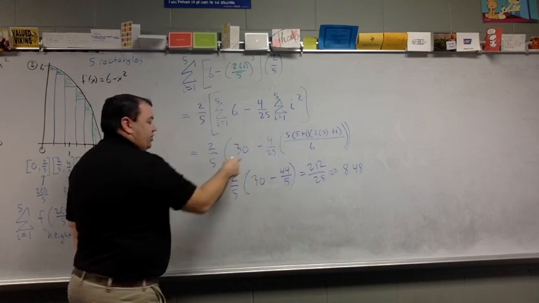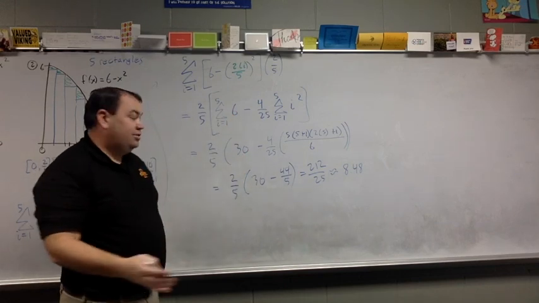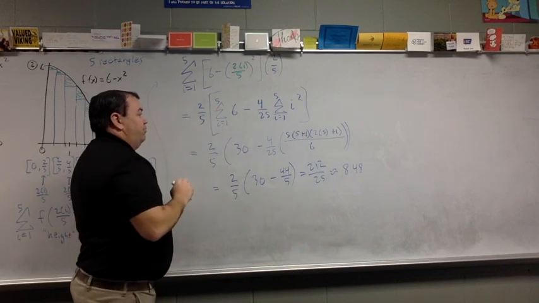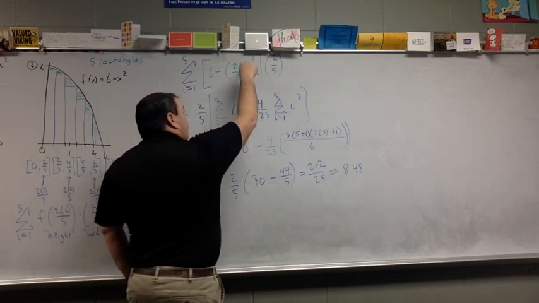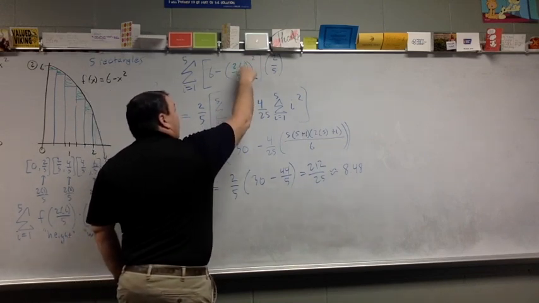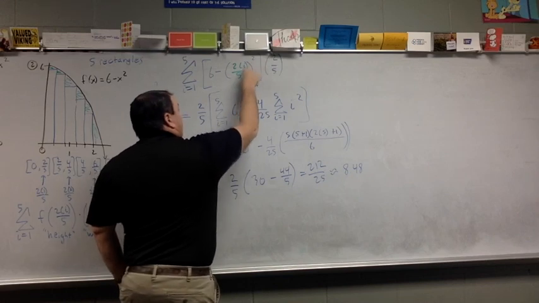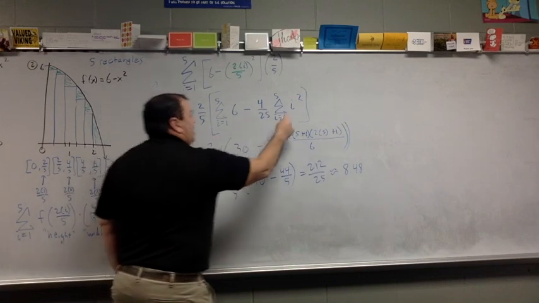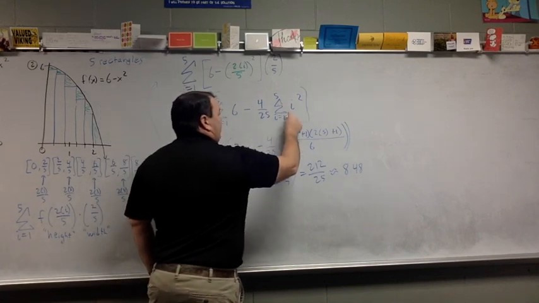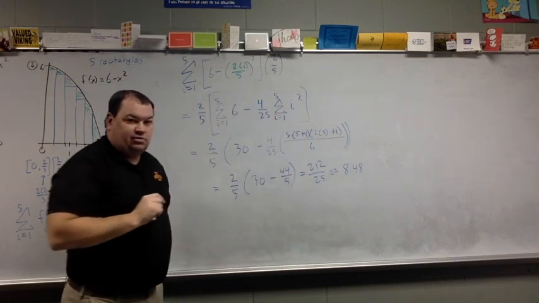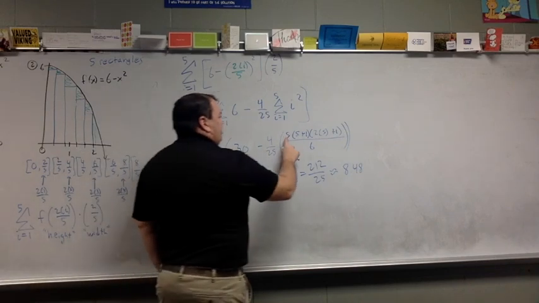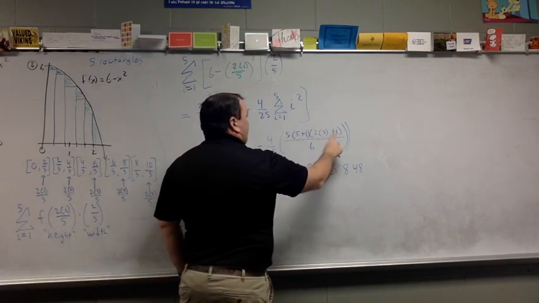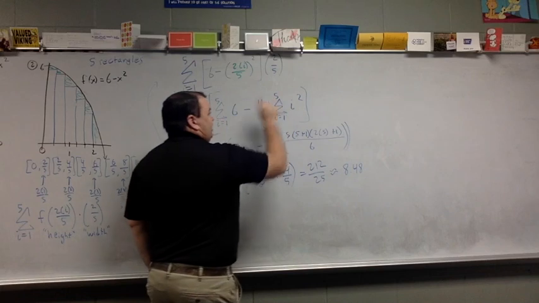That's an easy calculation. It's a constant. 6 times 5 of them. And in here, I did a calculation. 2 squared is 4, i squared, and 5 squared is 25. So I get a 4/25 that I can take out, and I have this i squared. I have a formula for this. It says n times n plus 1 times 2n plus 1, but I know what n is in this case.